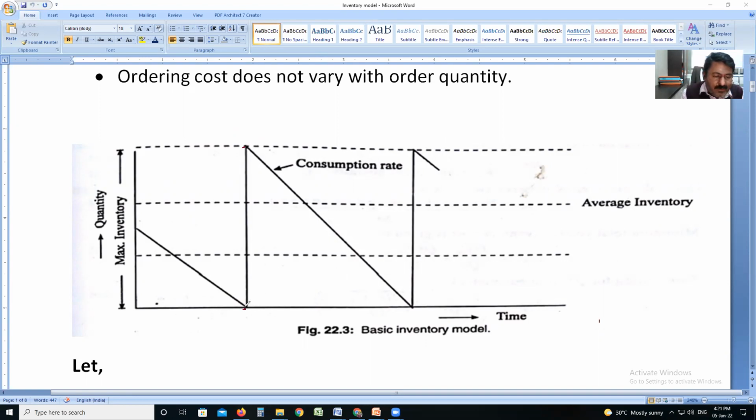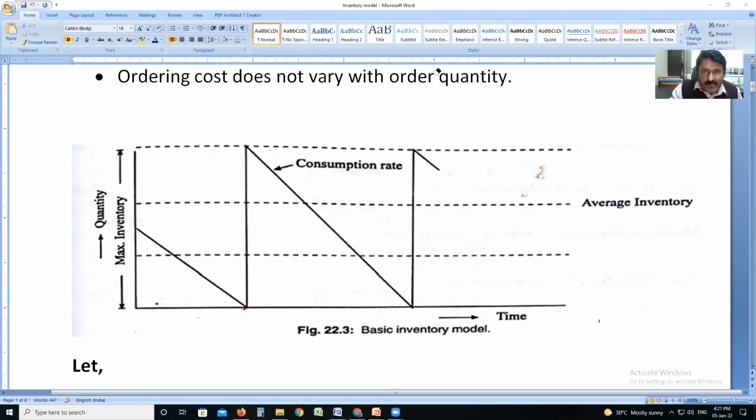The basic is 0, and after replenishment, the maximum quantity I assume is Q. So this is the basic diagram which gives the approach of this system.